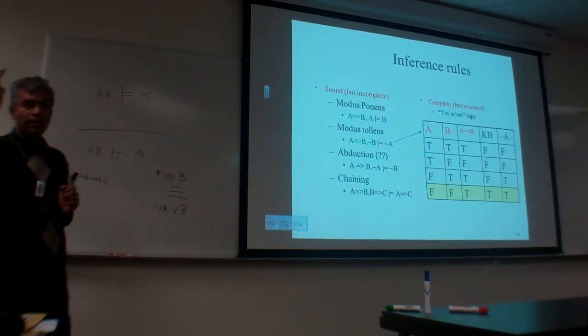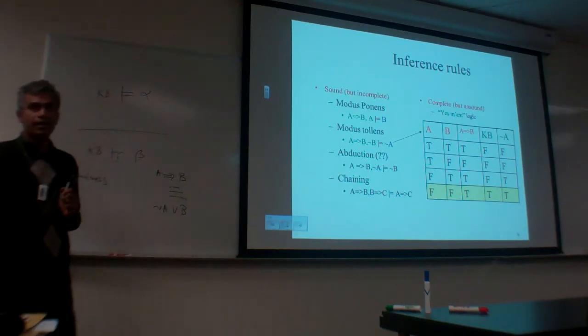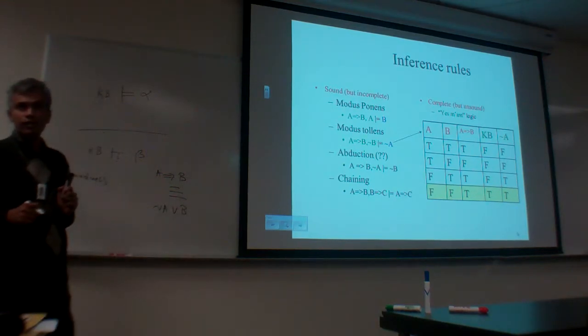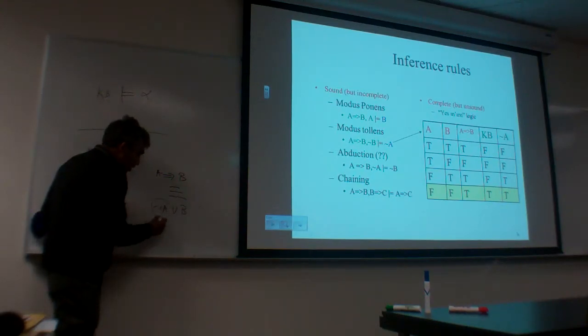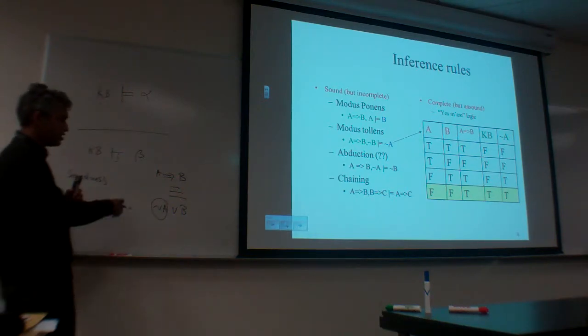There are two worlds where B is true: B is true and A is false, and B is true and A is true. In both those worlds, not A or B is going to be true. So if B is true, the implication is true. And if B is false, the implication can still be true if A is false, because if A is false, not A is true.